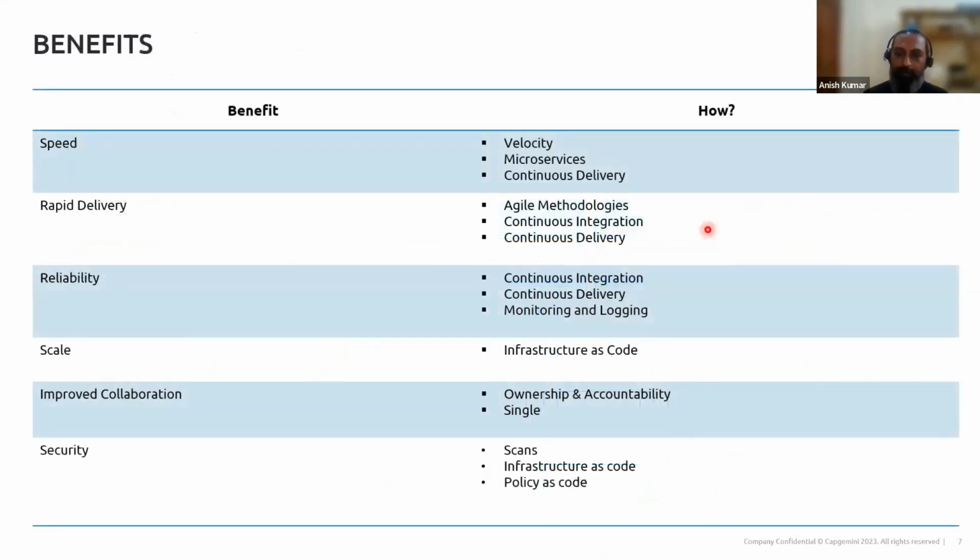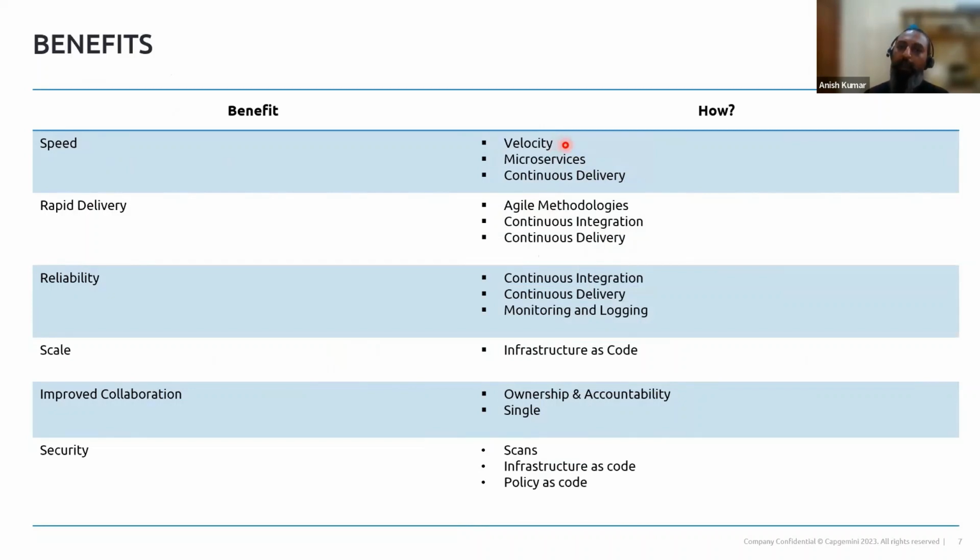Moving on, we have been talking at length about DevOps or DevSecOps, and we touched upon different benefits at different points during the discussion. But the key benefits of DevOps or DevSecOps implementation would be speed: velocity, microservices, continuous delivery.